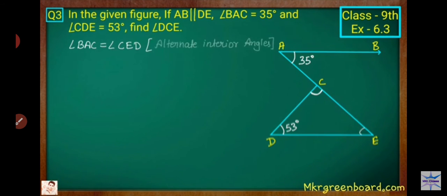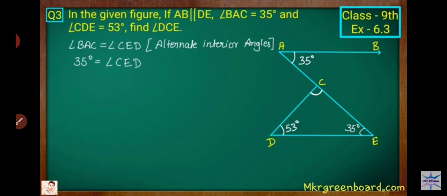It's our theorem. So if angle A is 35, then angle E is also 35 degrees. So we write 35 degrees is equal to angle CED, because alternate interior angles are equal.